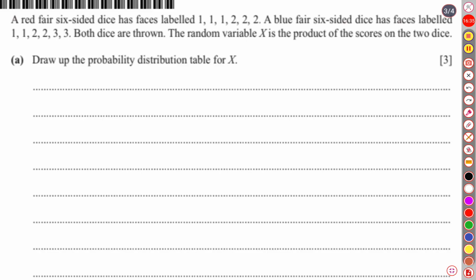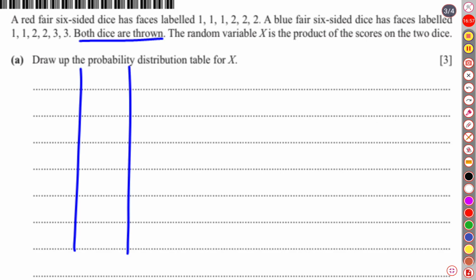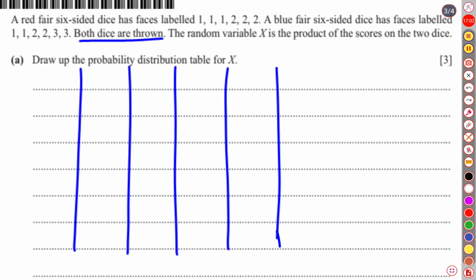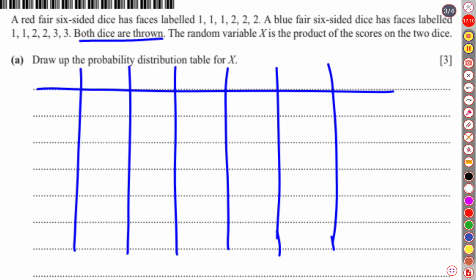Both of the dice have been thrown, and X is the product. First of all, we will have to draw the scenario, with columns 1 to 6 and rows 1 to 6.